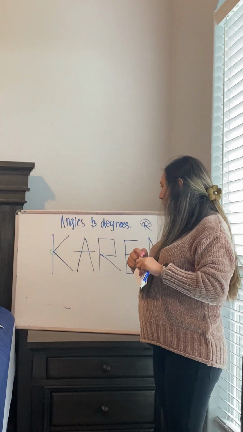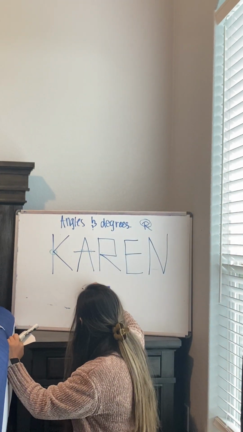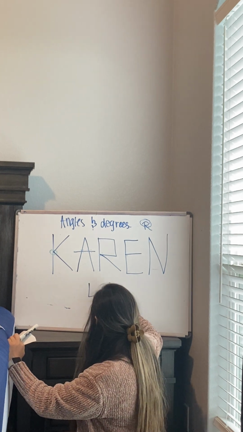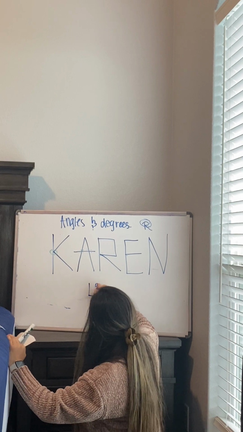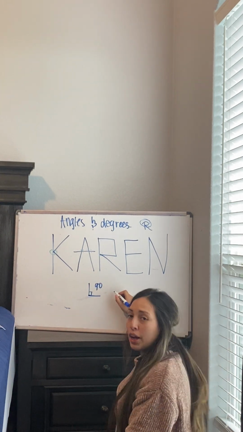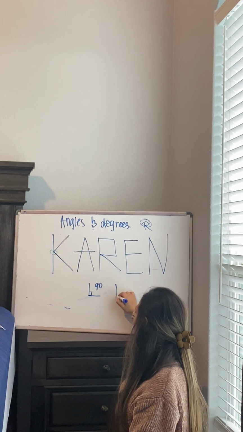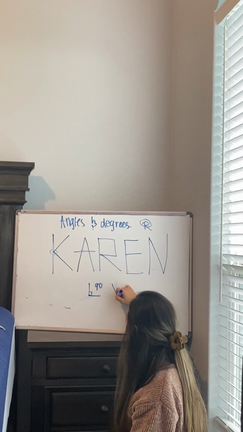Okay, and you should be keeping in mind that a right angle, again, is like that. Like that. 90 degrees. It's straight. An obtuse one is going to be bigger. Let's do it a little bit bigger so we get our point across.